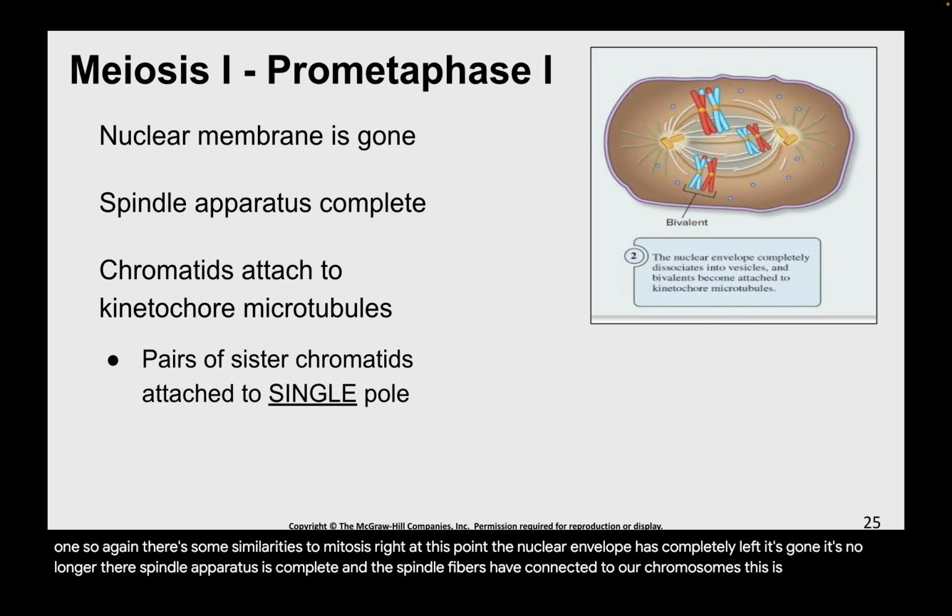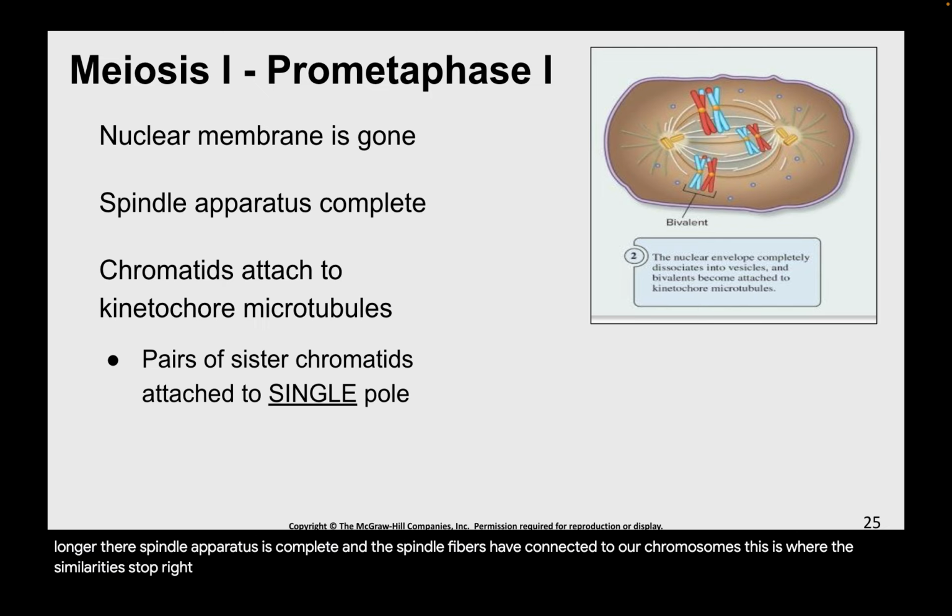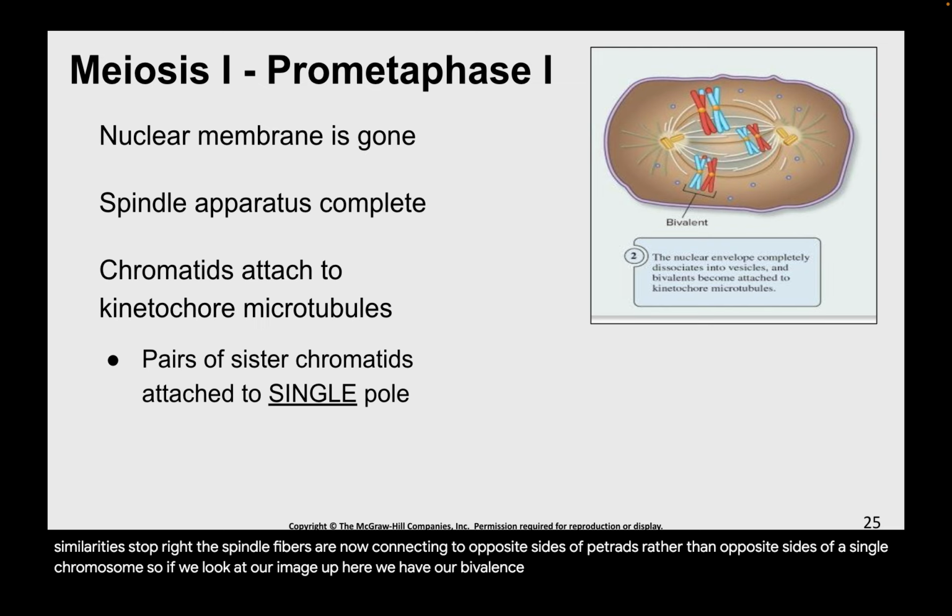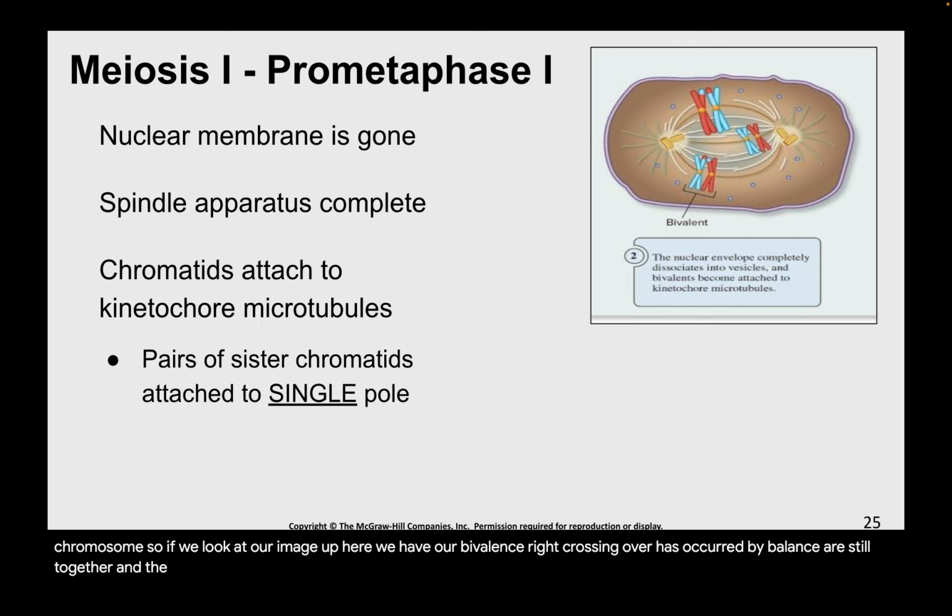This is where the similarities stop. The spindle fibers are now connecting to opposite sides of tetrads rather than opposite sides of a single chromosome. So if we look at our image up here, we have our bivalents. Crossing over has occurred. The bivalents are still together, and the spindle fibers are attaching to either side.